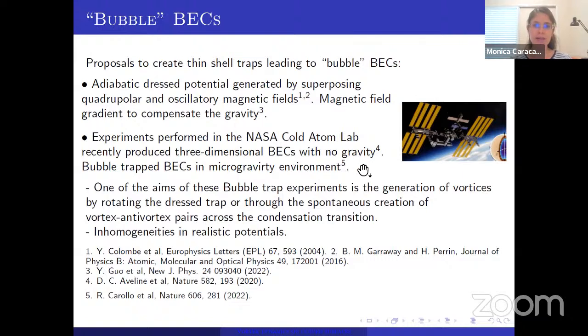This is very important: they reach very ultra-cold temperatures there, avoid the sagging problem, the displacement of the minimum, and produce a more uniform filled bubble trap. Of course, you still have some inhomogeneities even in this case, because of inhomogeneity in the magnetic field trap. But one of the aims of these experiments was creating and visualizing vortices in this particular geometry, because of the finite temperature.